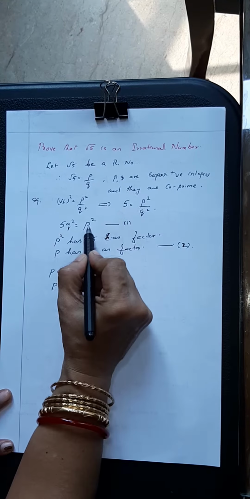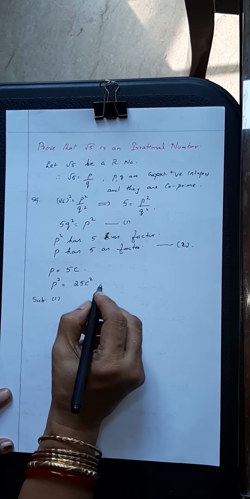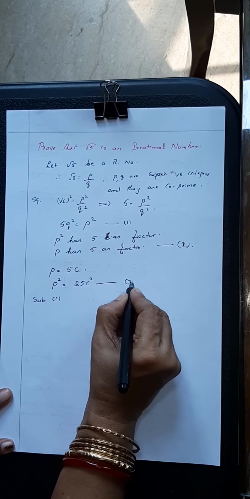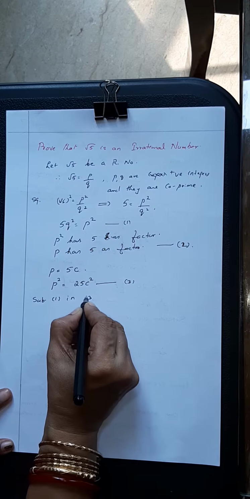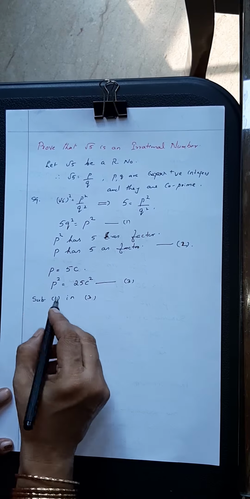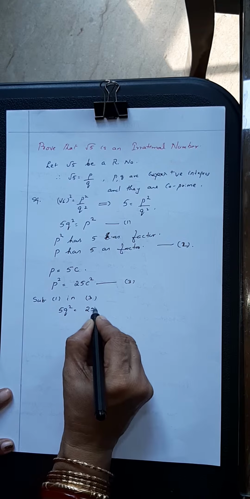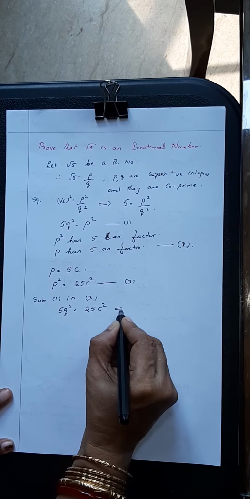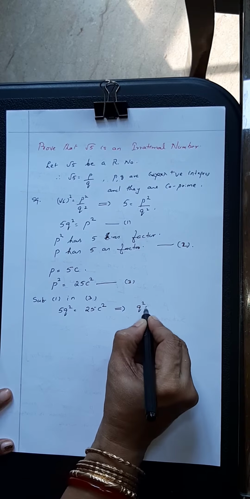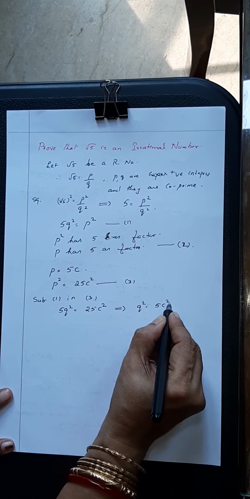Now substitute p squared is equal to 5q squared. Substitute 1 in 3: 5q squared is equal to 25c squared. So you can write q squared is equal to, bringing the 5 down, 5c squared.